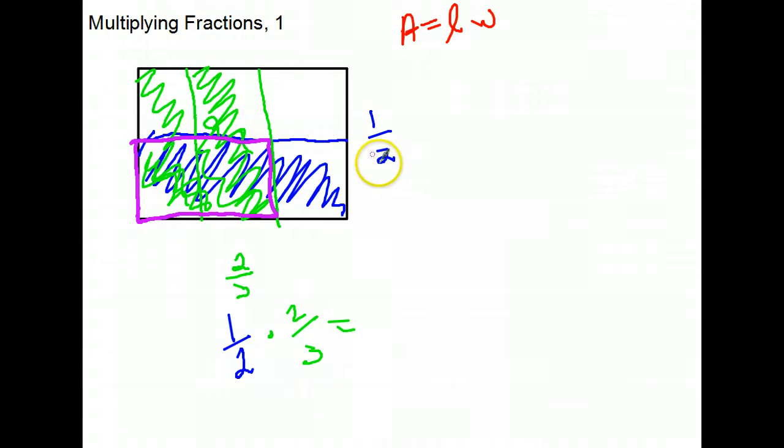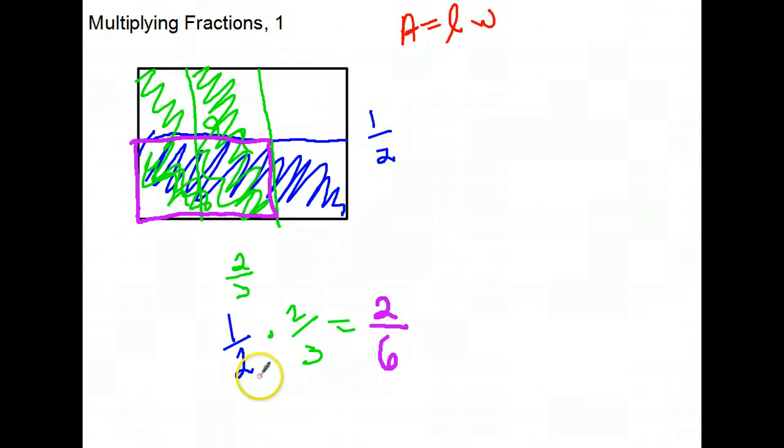So after I cut it this way into two parts and then three parts, how many parts do I have now? I can see that I have 1, 2, 3, 4, 5, 6 parts. So when I multiply my fractions, I get 6 parts because of 2 times 3. And the shaded area that has both the green and the blue shading looks like 2 of those. 2 of the 6 are shaded.